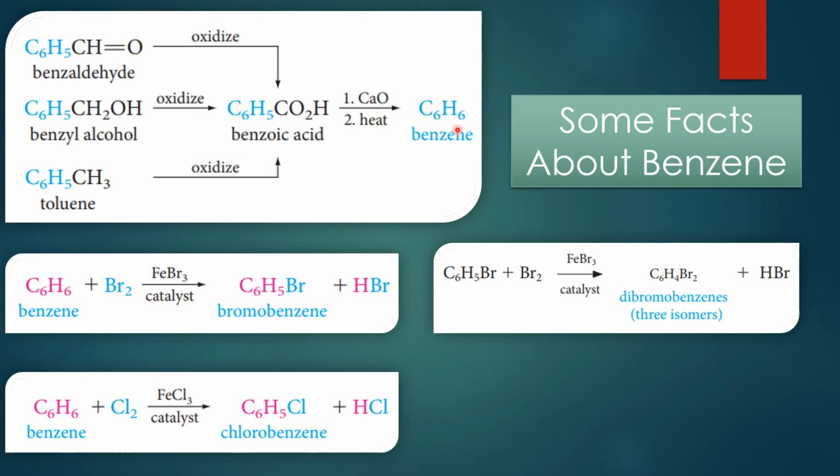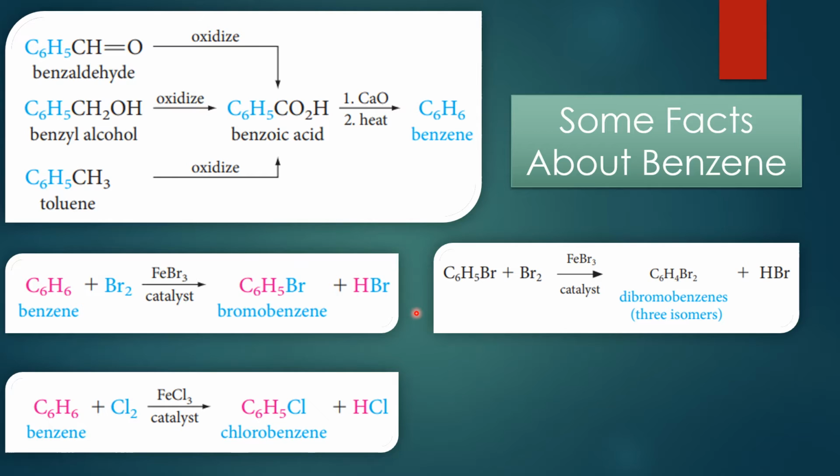Instead, benzene reacts mainly by substitution. For example, when treated with bromine, Br2, in the presence of ferric bromide as catalyst, benzene gives bromobenzene and hydrogen bromide as products. Chlorine with a ferric chloride catalyst reacts similarly.